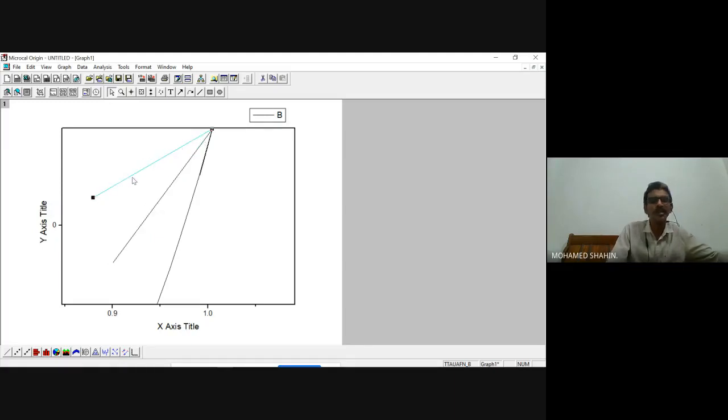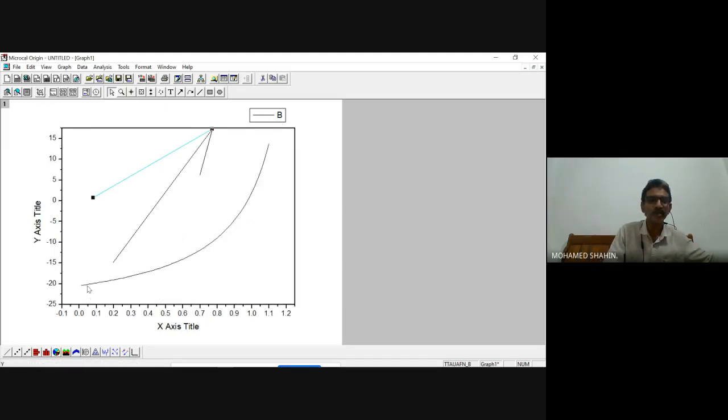So these systems are called strong systems, and fragile systems will go slowly, then around the Tg it goes very sharp. That is the signature of a fragile system. And if it is a strong system, it will behave like this, starting from here.